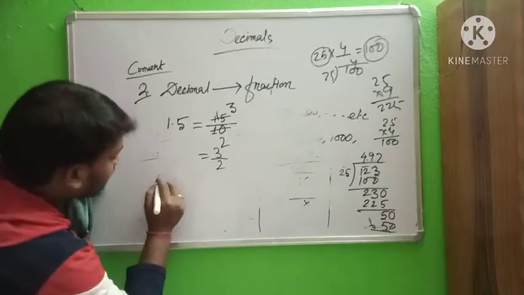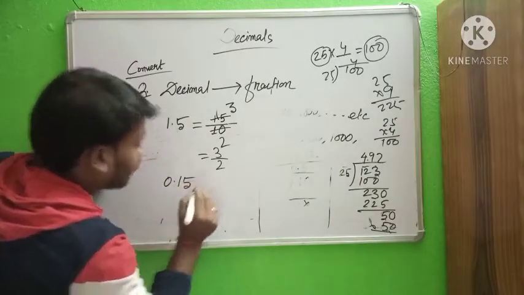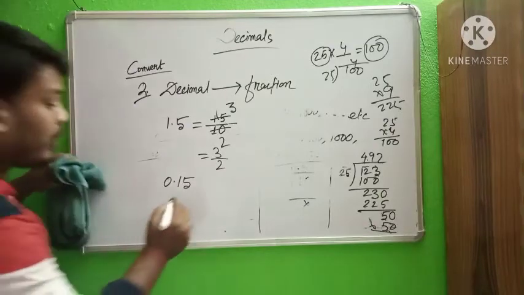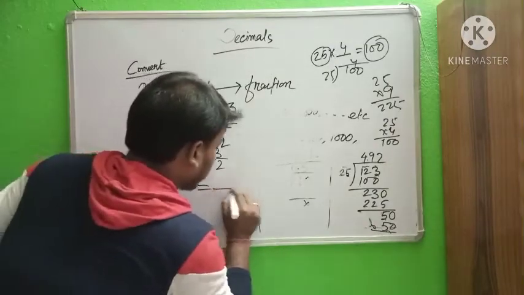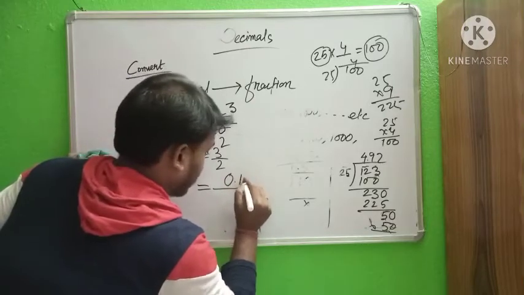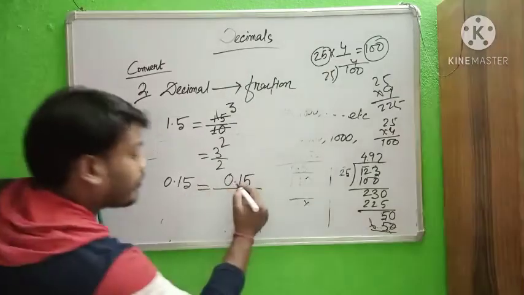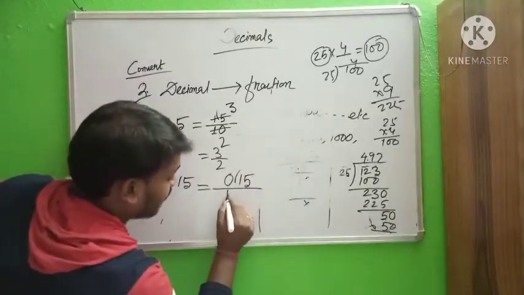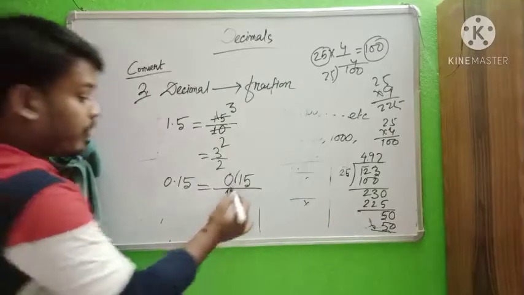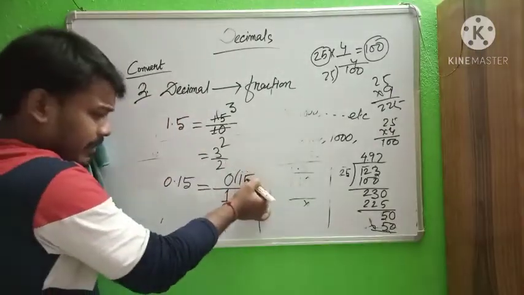Another example, 0.15. So what is the process? First we write the decimal value in the numerator, then remove the decimal and put 1, and for each digit in the decimal part we put a zero.